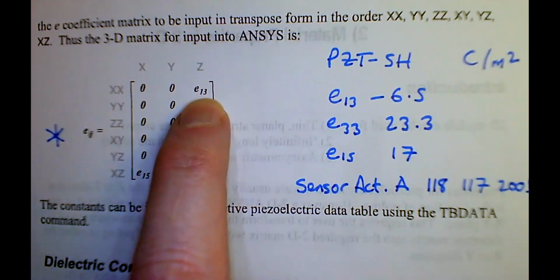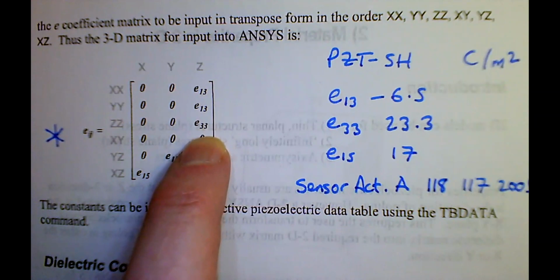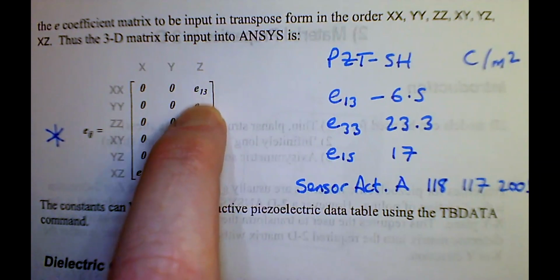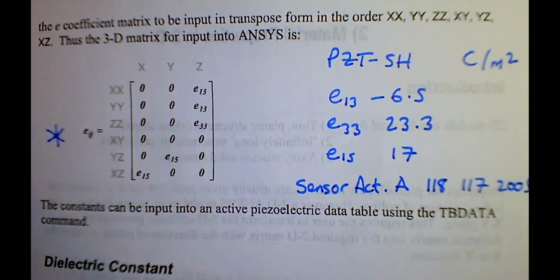So I have E13, E33. This is the charge density by applying a load in the poling direction. These are the charge densities as a result of applying a load in the X and Y directions, and these are shear coefficients as well. So let's put those in.